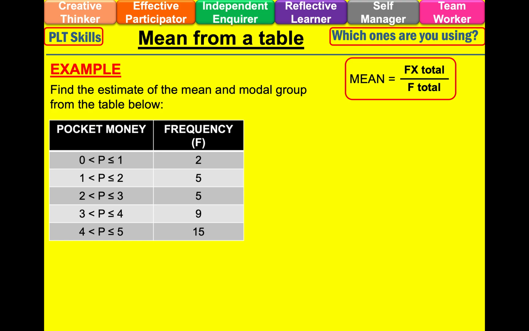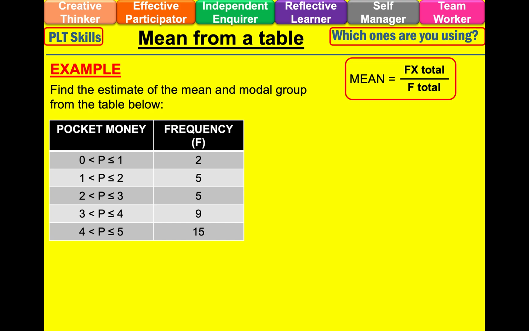So for pocket money 0 to 1, you have a frequency of 2, 1 to 2 is 5, and so on. Frequency is the number of times this data set is appearing. So that means 2 people have 0 to 1 pocket money, 5 people have 1 to 2, 5 have 2 to 3, 9 people have 3 to 4 pocket money, and 15 people have 4 to 5, and you have to work out the mean.